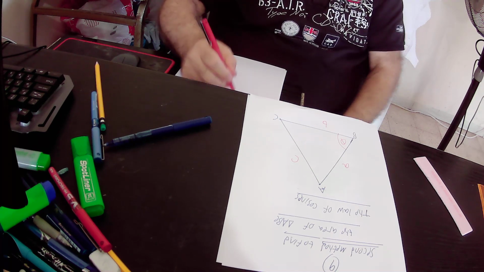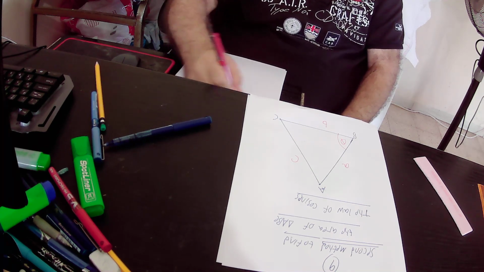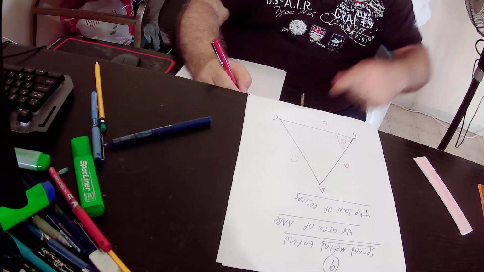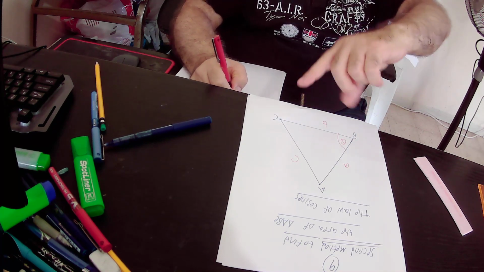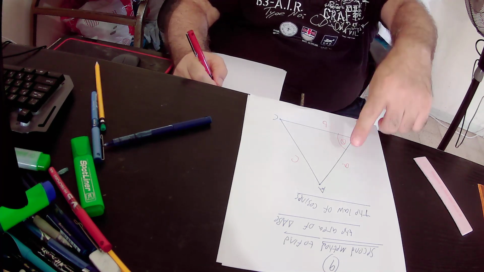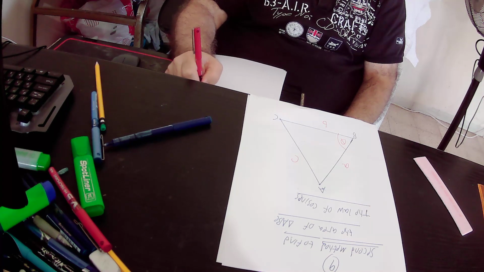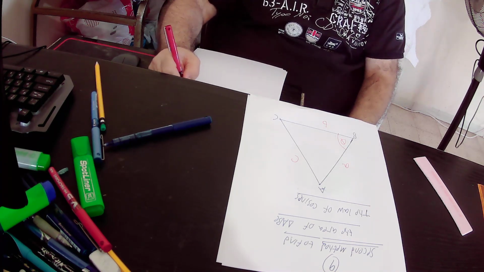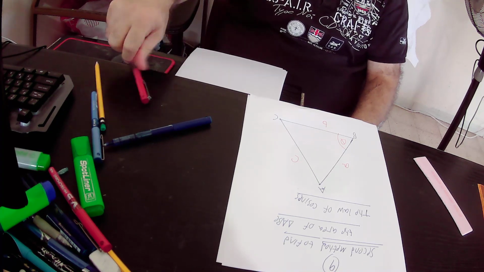So, according to the law of cosines, C squared equals A squared plus B squared minus 2 times A times B times cosine theta.